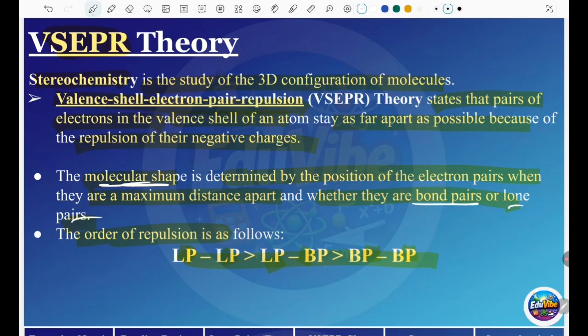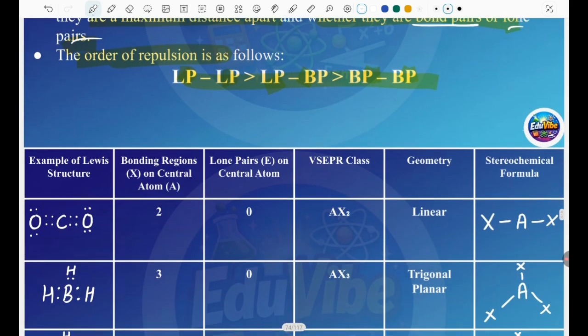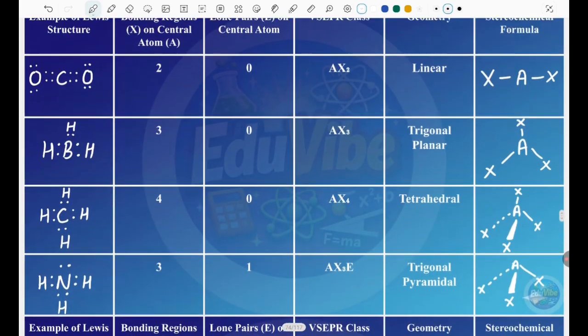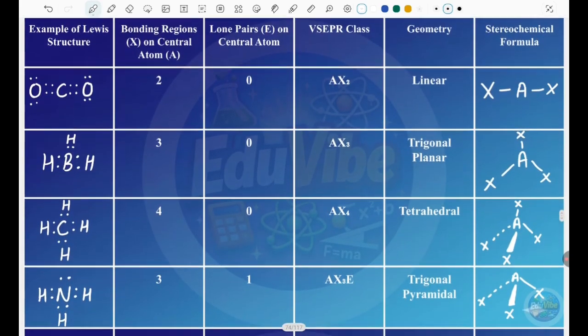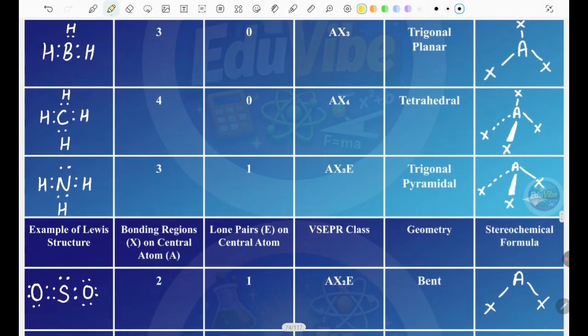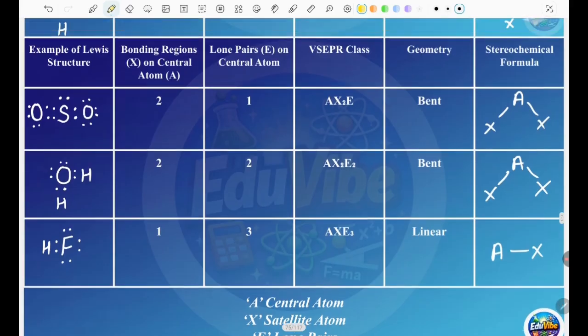We will learn how the bond pairs and lone pairs can change the 3D structure. There are seven types of stereochemical formula for the VSEPR theory that we have to know. These are the VSEPR classes, and we need to know these formulas.